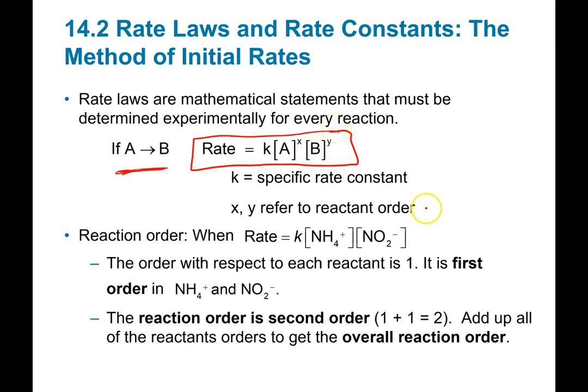X and Y are going to refer to what we call reactant orders, and we're going to study this on the next page, but usually orders are 0, 1, or 2 in the case of chemical reactions. Anything beyond a second order is usually considered very complicated, and there's a little bit more of a discussion on that later on in this chapter, but for our particular purposes, most rate laws are going to have exponents of 0, 1, or 2.